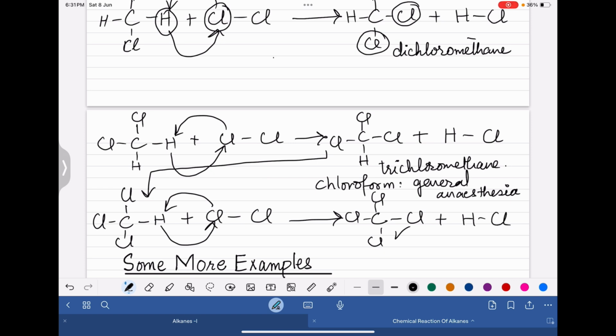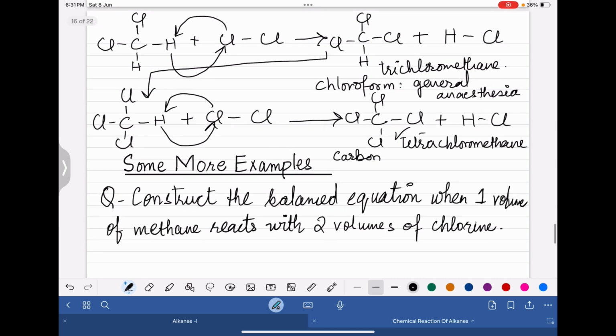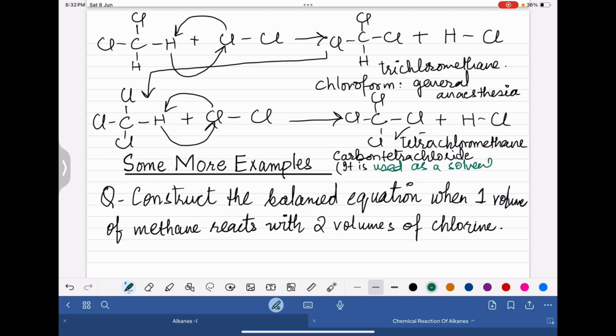The name of the product is tetrachloromethane. The common name of this product is carbon tetrachloride, and it is used as a solvent for dry cleaning.